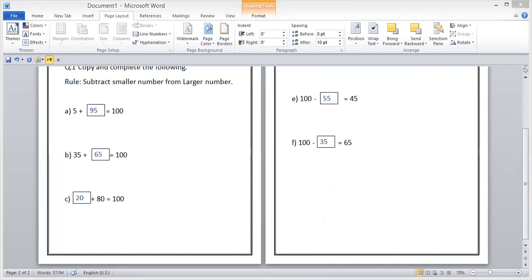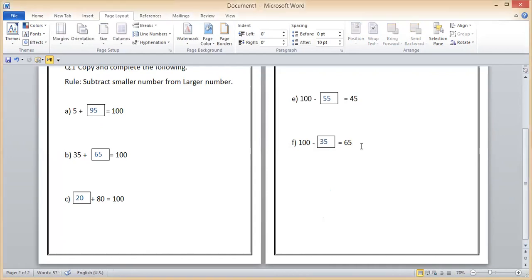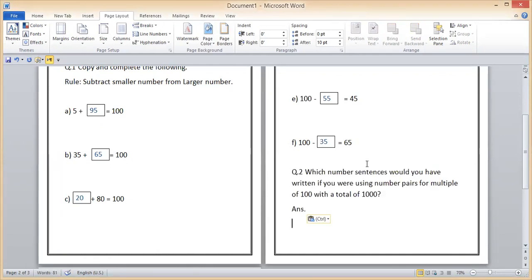Question number 2 is: which number sentences would you have written if you were using number pairs for multiples of 100 with a total of 1000?